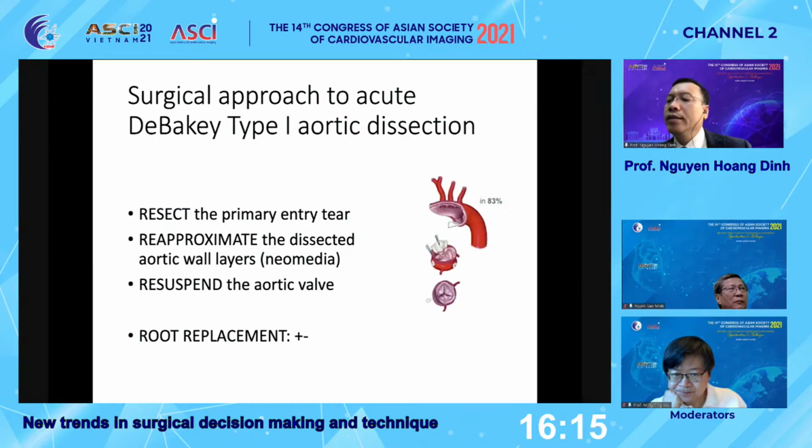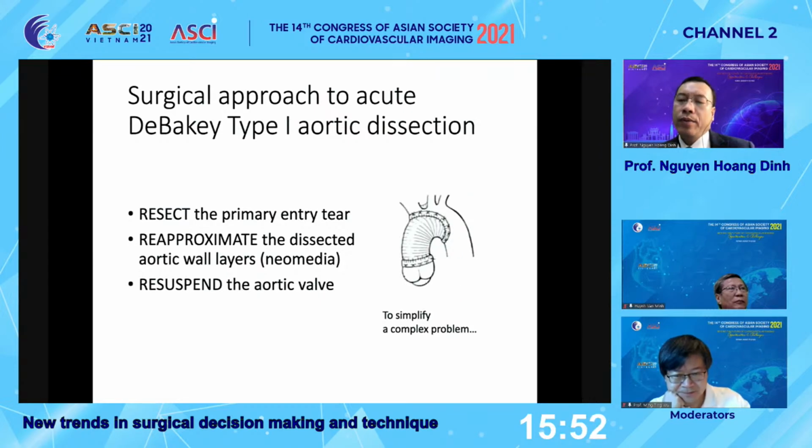In cases of extensively dissected aortic root, the presence of a pre-existing dilatation of more than 45 millimeters, a known connective tissue disorder, or unrepairable aortic valvulopathy, it is advised to also replace the aortic root.